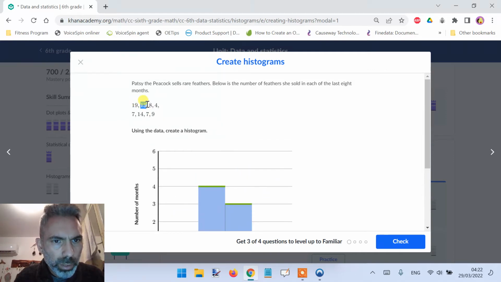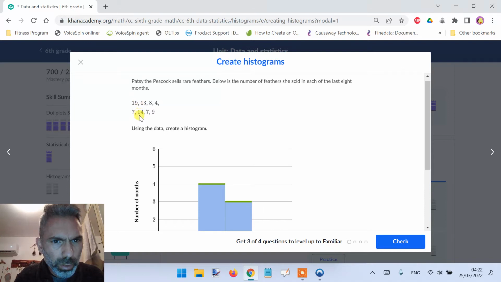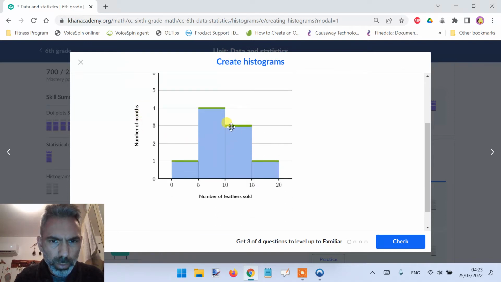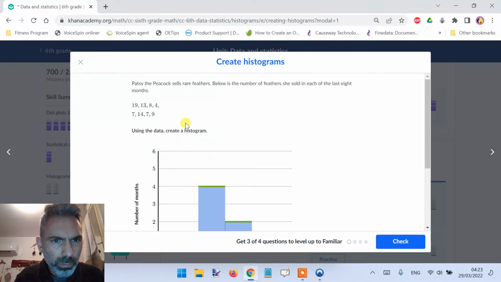So between 10 and 15 we have this month and this month, 2 months, 13 and 14. So it's 2 months between 10 and 15, 13 and 14.